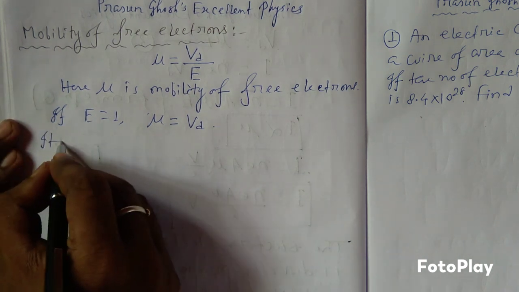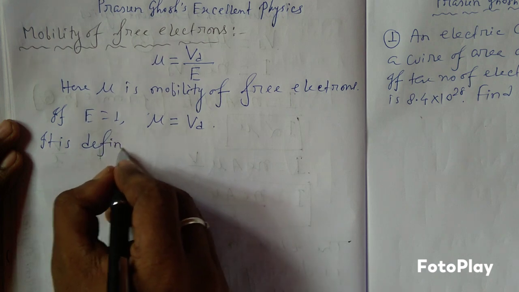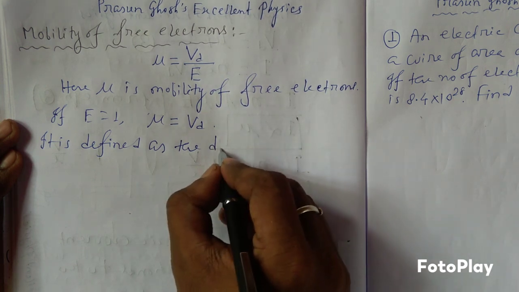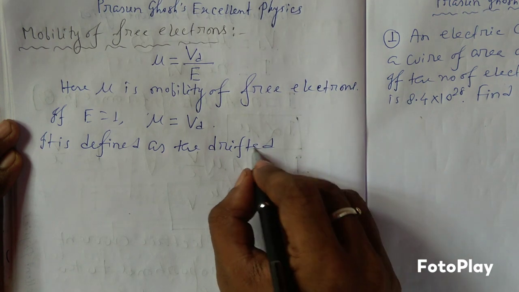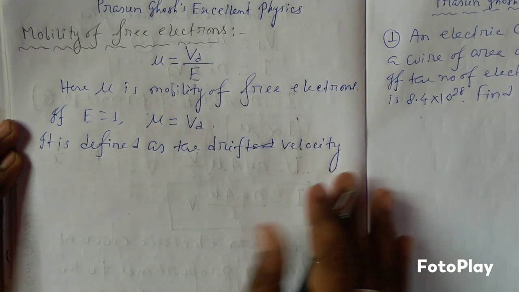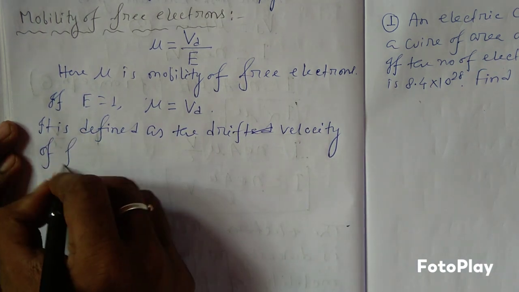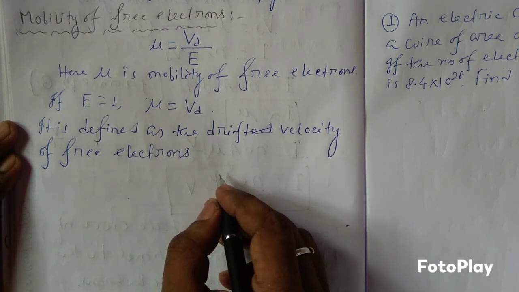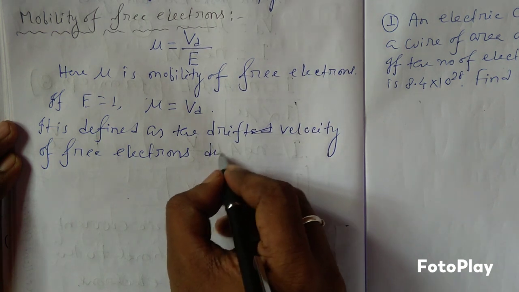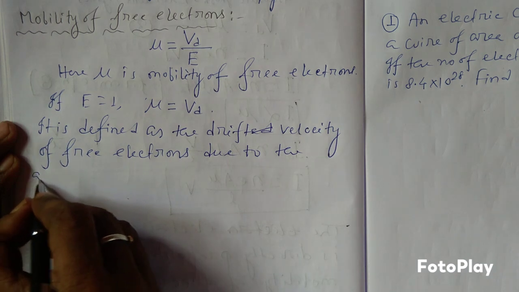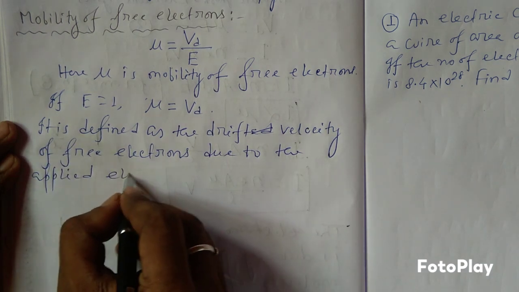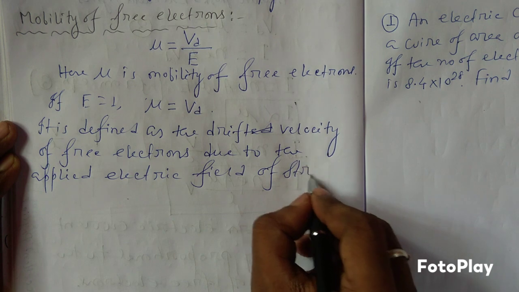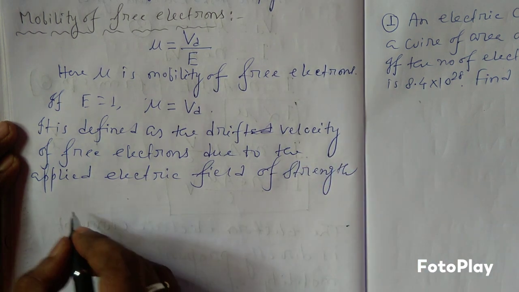So it is defined as the drift velocity of free electrons due to the applied electric field of unit strength, or strength unity.